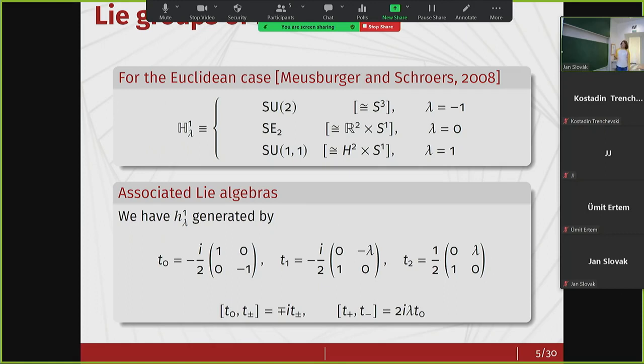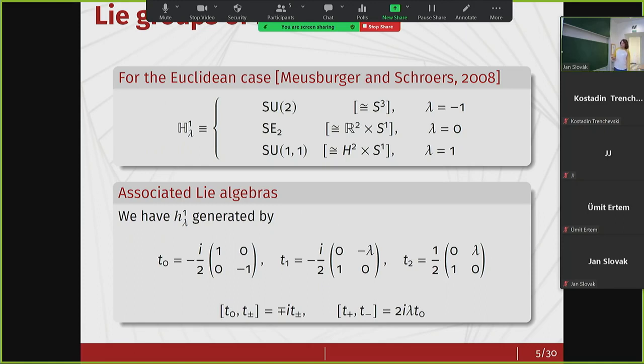Also, something nice about these groups is that we have a compact way to describe the Lie algebras. The Lie algebra is generated by these three, and you can see clearly the dependence on lambda in the generators. Using simple matrix multiplication and the standard commutator for matrices, we get the commutation relations for this Lie algebra, which are written in this way.